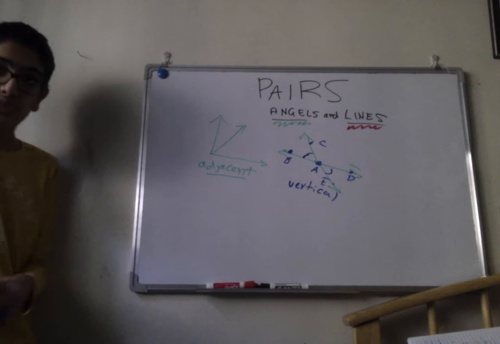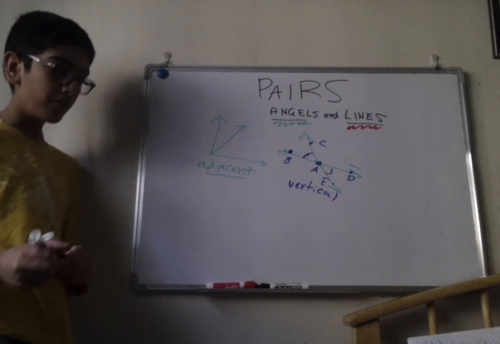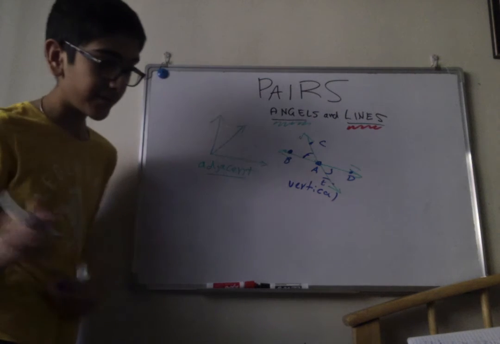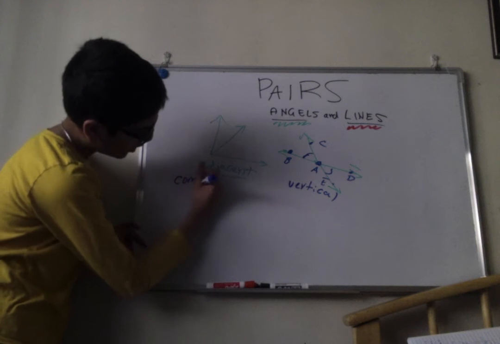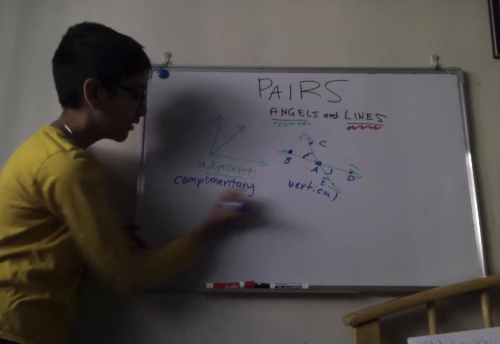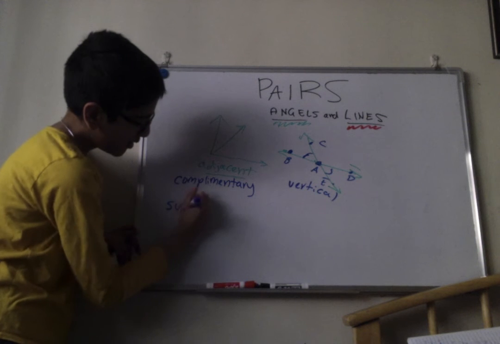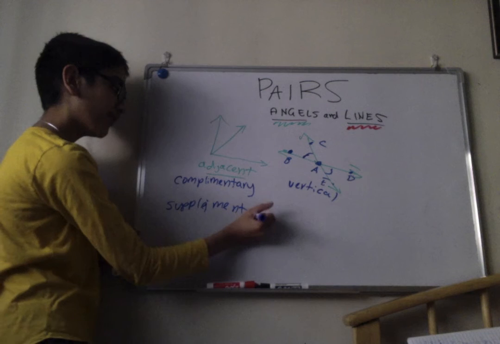So what about adjacent angles? There are 2 more types of adjacent angles. Complementary, and the other one, supplementary. So complementary and supplementary.